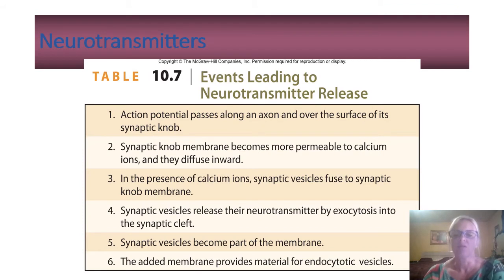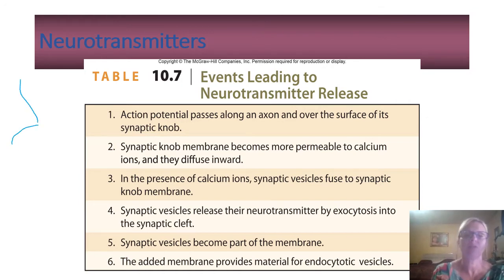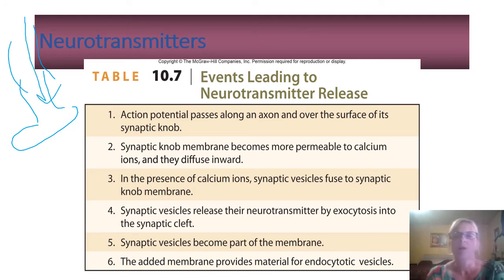All right, so let's review these events leading to that neurotransmitter release. All right, so the action potential passes along an axon on down to the synaptic knob. The synaptic knob becomes more permeable to an ion like calcium ions, and they diffuse inside.